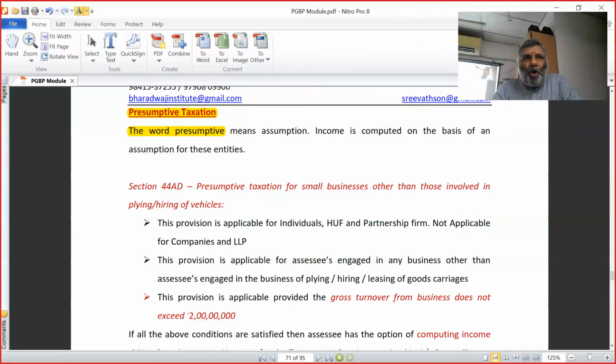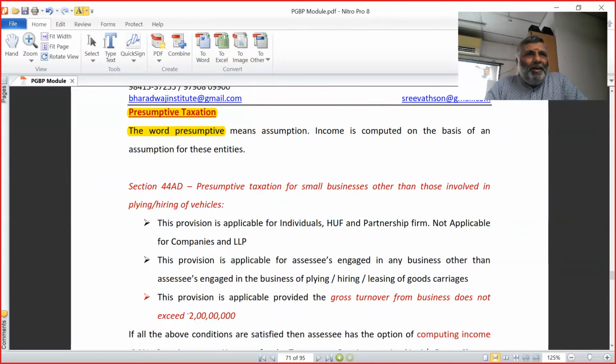Who is a small assessee? In the case of those who are carrying on business, if their turnover does not exceed 2 crores, they are a small assessee. In the case of those who are carrying on profession, if the gross receipts do not exceed 50 lakhs, they are small assessees. In case of GTA, goods transport operators, if their number of vehicles does not exceed 10, they are small operators.